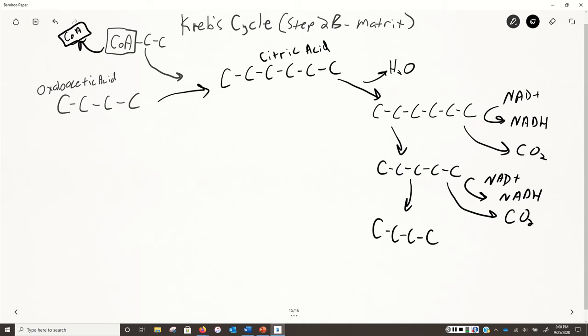This 4-carbon compound is going to have our chaperone come along, coenzyme A, because this next set of reactions is going to be a little bit tricky and it's going to make some things unstable. So our coenzyme A attaches.